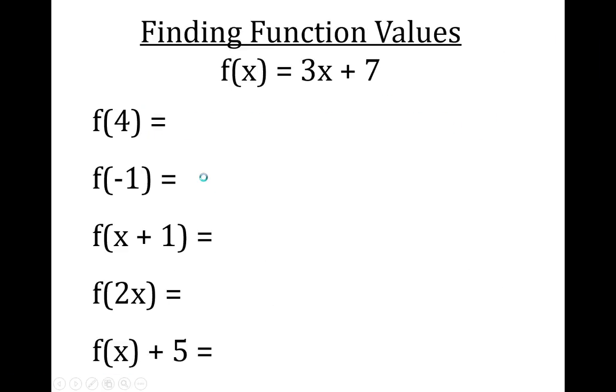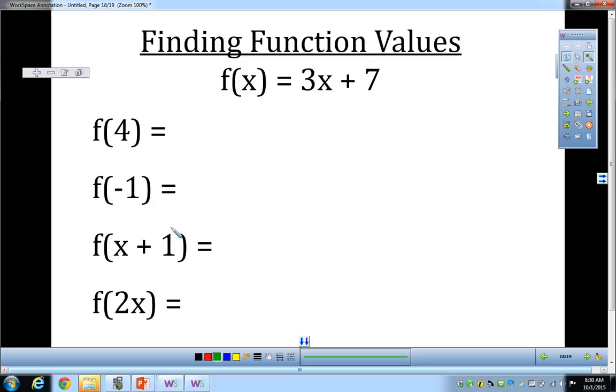We'll make it exciting. We'll give you points. Who can tell me what is f of 4? Go ahead, Jessica. 19. Is that right? 3 times 4 plus 7 is 19. Yay. What's f of negative 1? Go ahead, Katira.